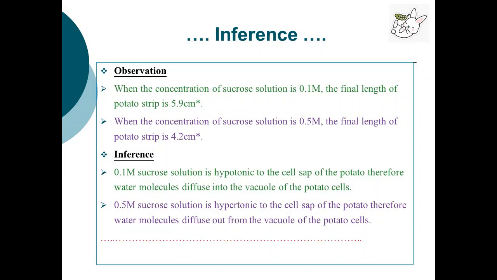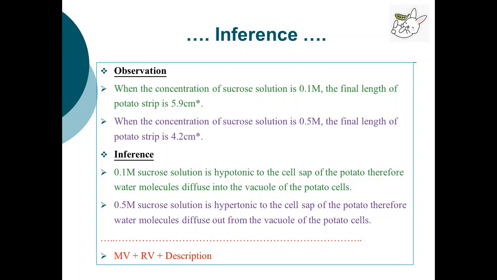The first inference corresponds to the first observation. It tries to explain why the final length of the potato strip is much longer than the initial length, by relating to the 0.1 M sucrose solution being hypotonic to the cell sap, which causes the water molecules to diffuse into the vacuole.